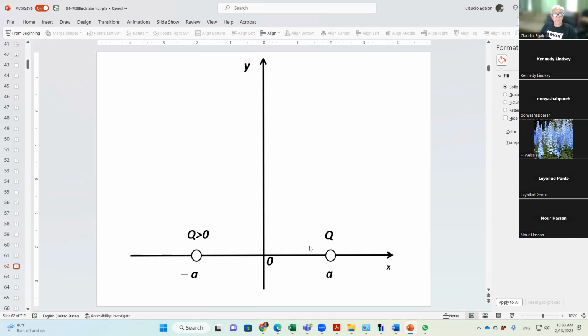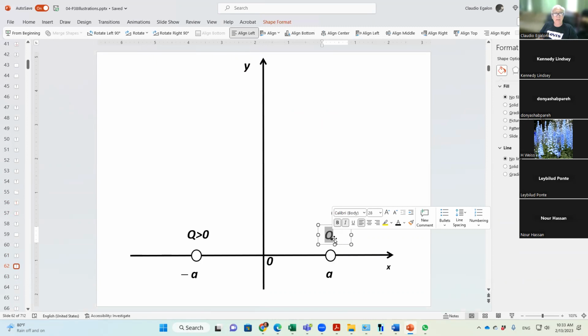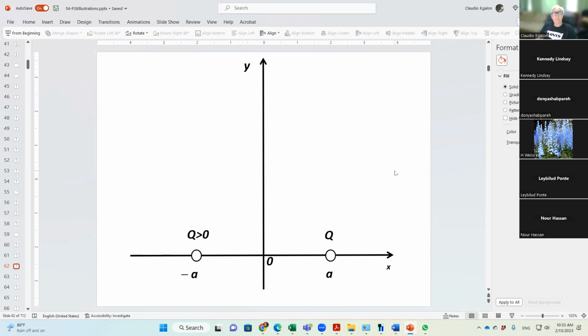Both of them are positive. If Q here is positive and I'm denoting this charge as being Q, it means that it's also positive, okay? And now we can start playing with the electric field, with the configuration of the electric field of an ensemble of charges.